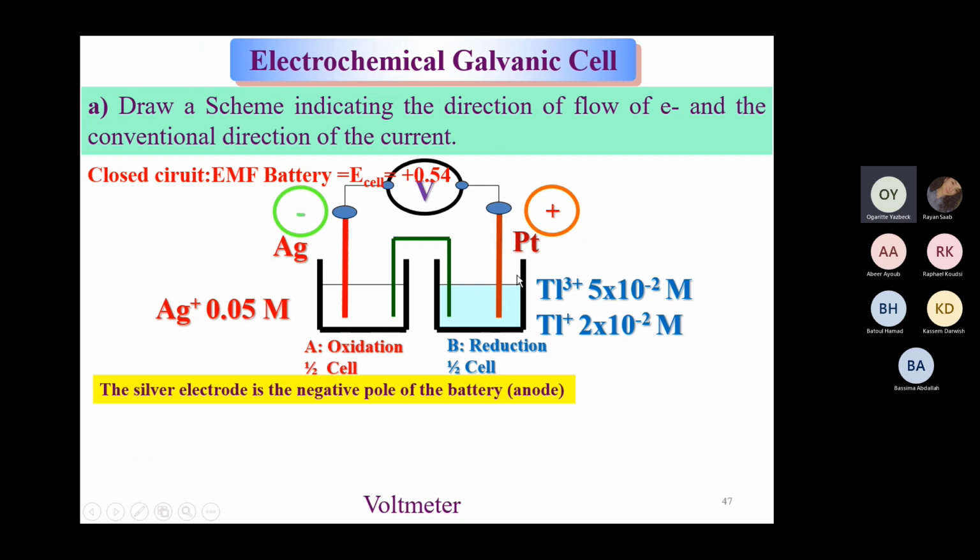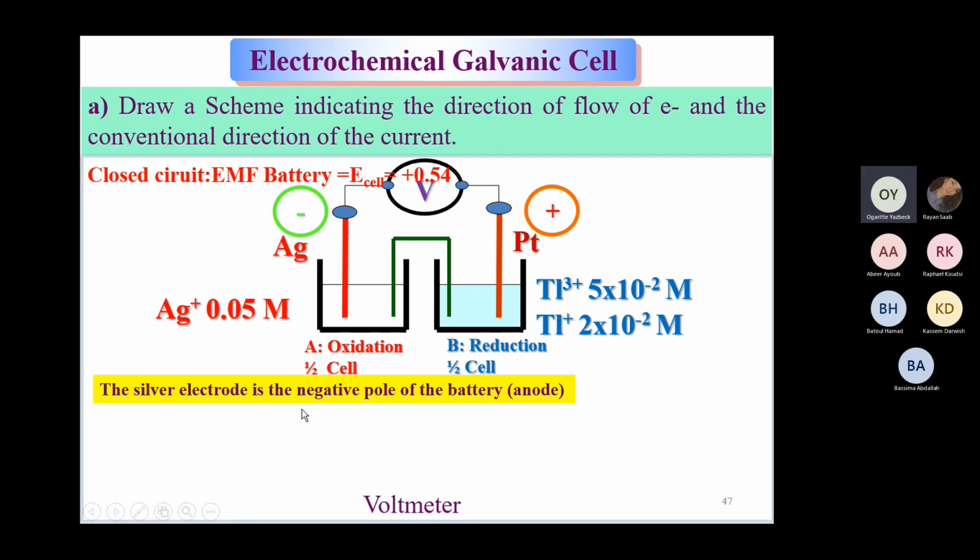On the positive half, we will put a platinum plate. Why? Because the tellurium doesn't have a metal here. We have tellurium 3 plus and 2 plus. They're both liquids, and they're both in a solution, so we use a platinum. They told me the E of the battery is 0.54, so that's on top.